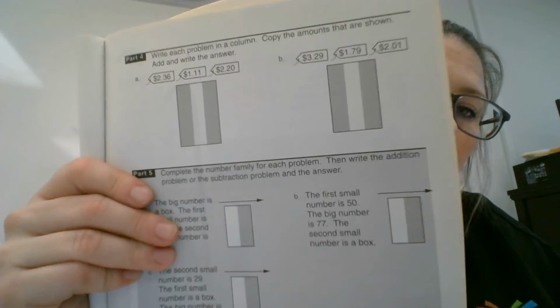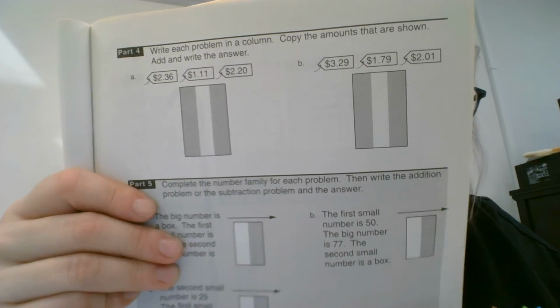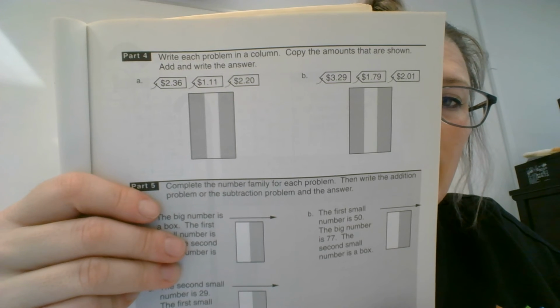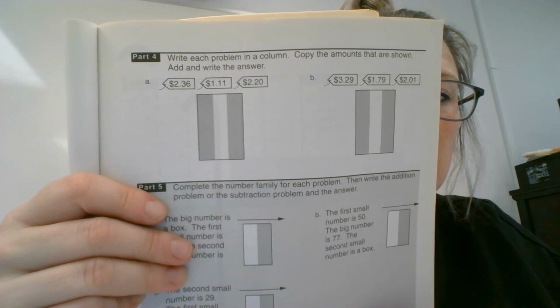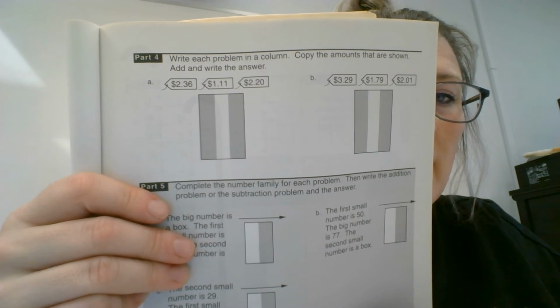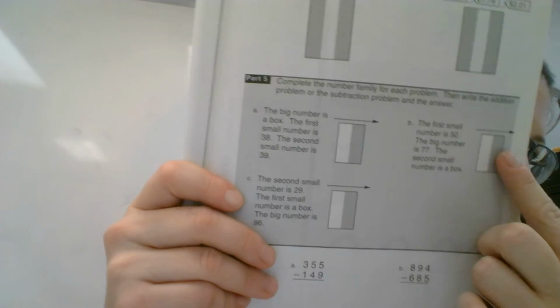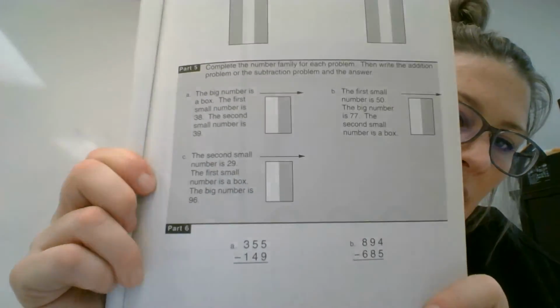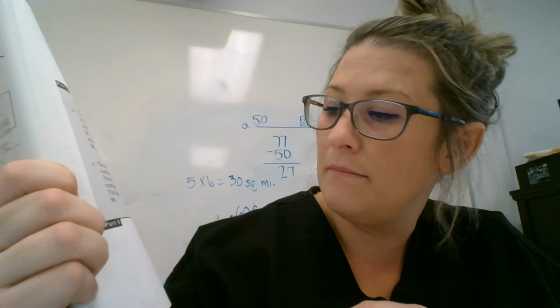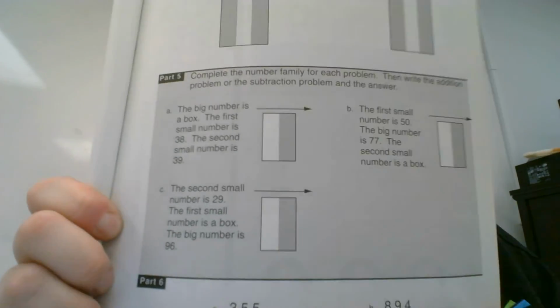Okay, over here, you're going to follow the directions. You are going to add up the amount of money in each column and write your answers. Then we have some word problems, writing them in on the line just like we've done. And then part 6, some subtraction with borrowing.